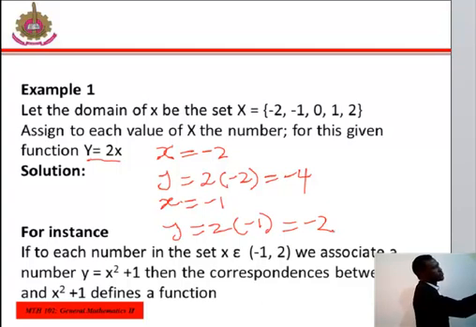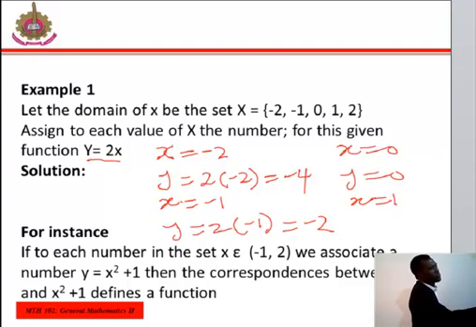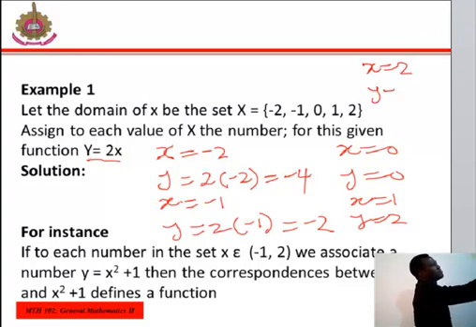And also, when x is equal to 0, y equals 0. When x equals 1, y equals 2. Also, when x equals 2, y equals 4, and so on and so forth.